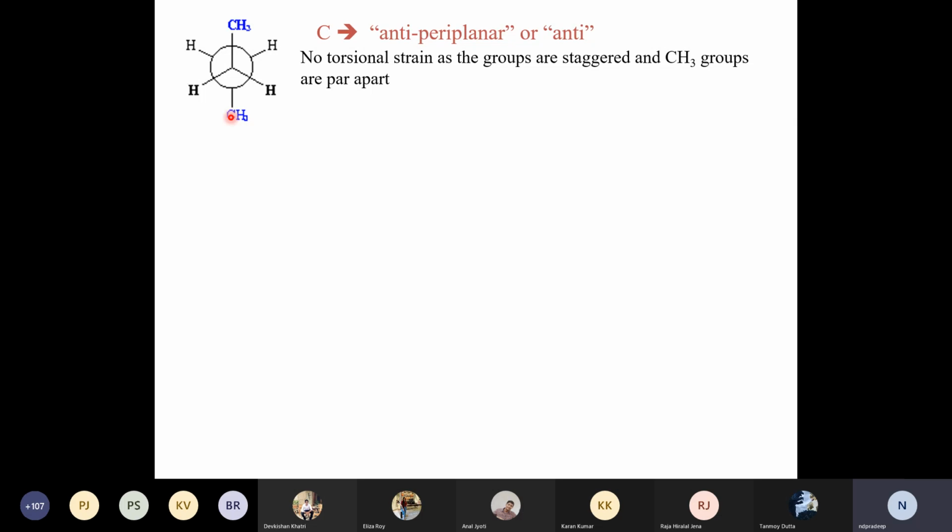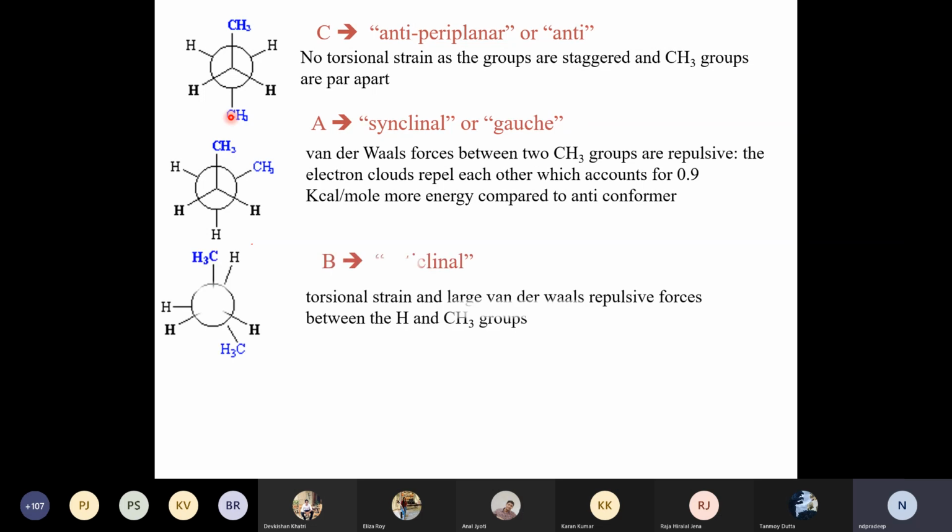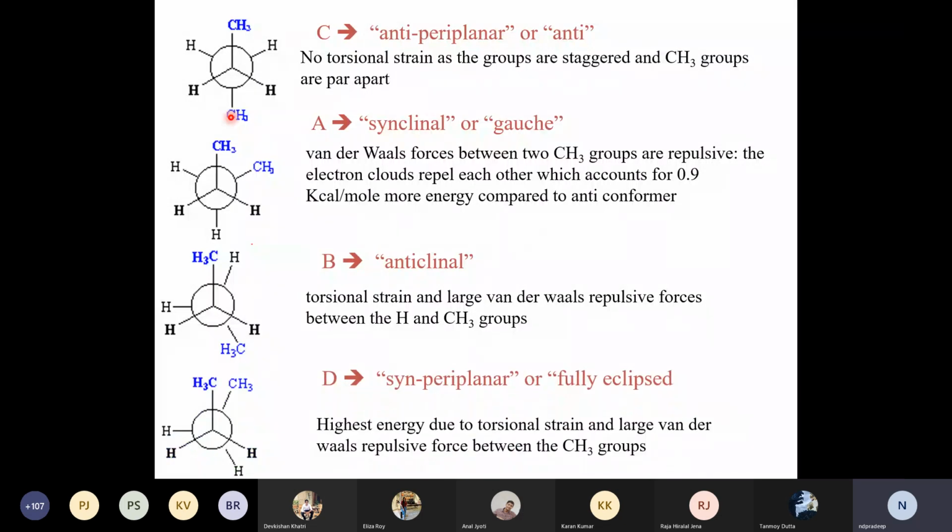In this slide we will just consider the names only. The second one you call a gauche, or you can call it synclinal. There is nothing wrong in calling it gauche, because gauche is very common. B is the anticlinal form, and D will be fully eclipsed, or syn-periplanar.